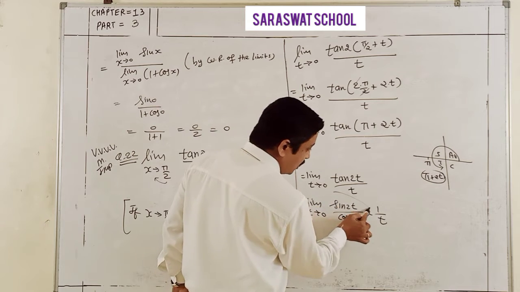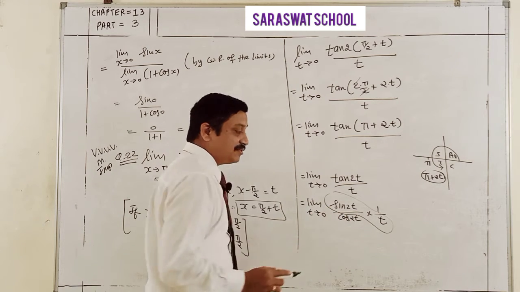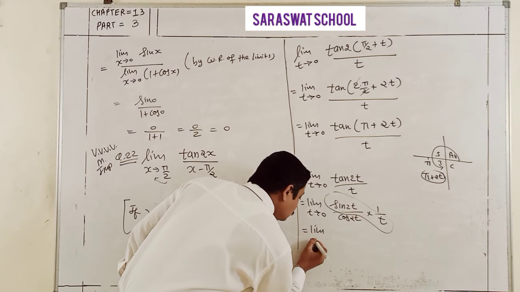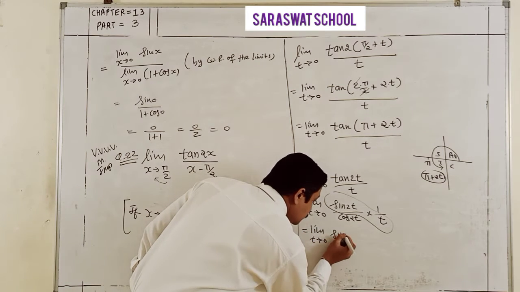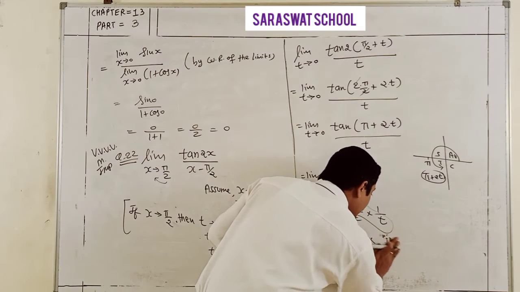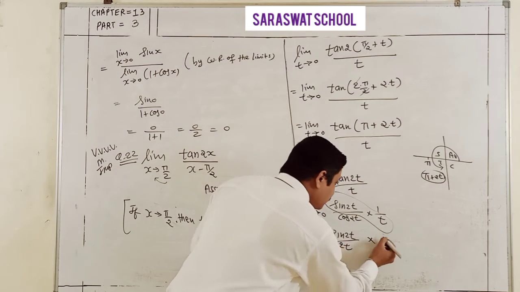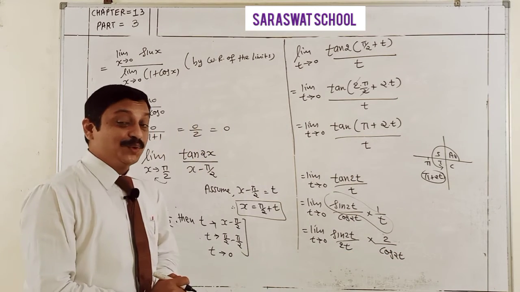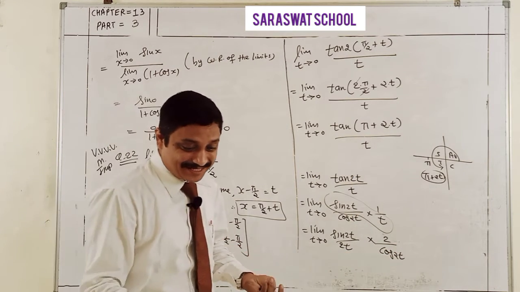Now I join these two. So limit t tends to 0 of sin 2t by t, and separate the value. Here I multiply and divide by 2. Now take the working rule and you get the answer very easily.